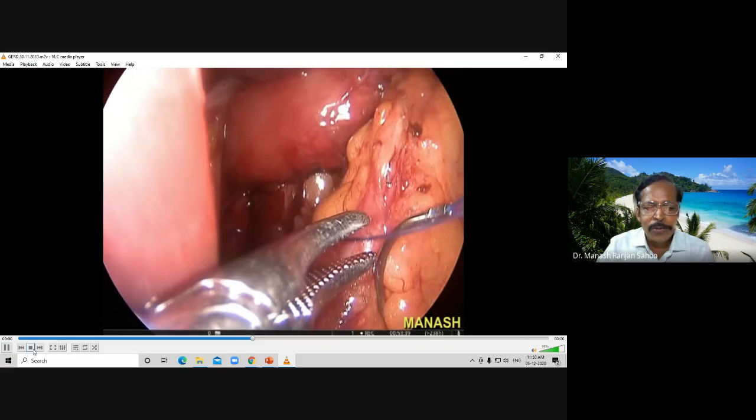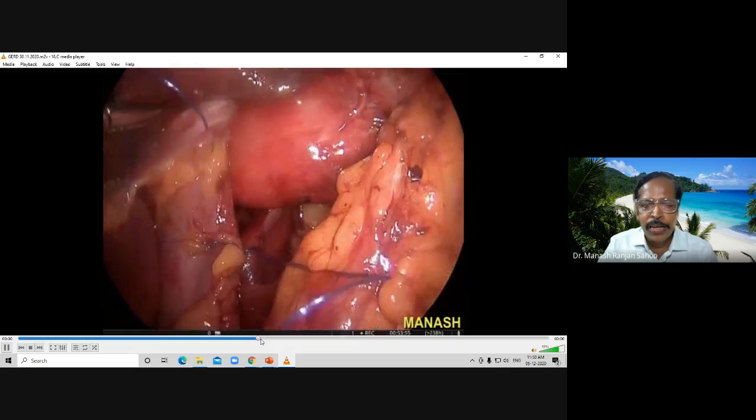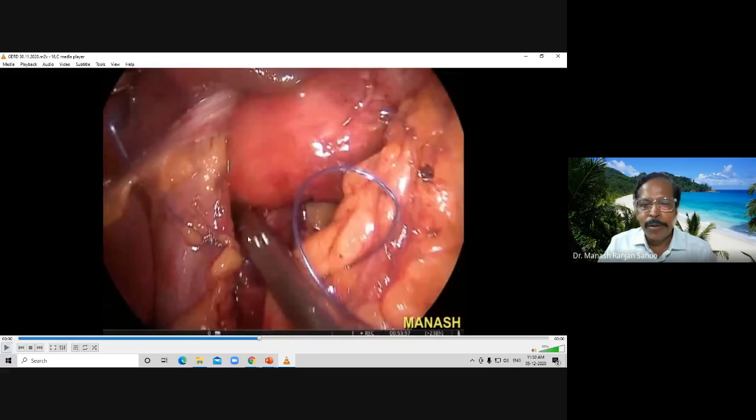You could see that while approximating and before putting my final knot, I'm ensuring that my right hand needle holder is snugly fitting between the cruropexy and the esophagus. That means my crural repair is not tight enough to induce any kind of post-surgical sequelae. So that is how you can assess.